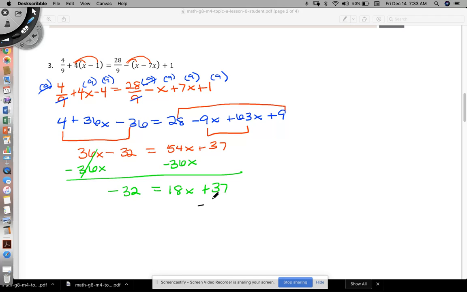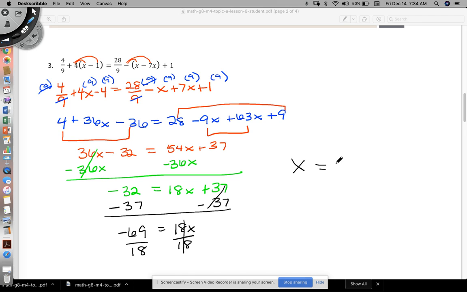So I'm going to subtract it, take the opposite and move it over here. These then cancel and I get 18x equals negative 69. I'm going to divide by 18 now. My 18s cancel and my final answer is x equals negative 23 over 6, reducing that down.